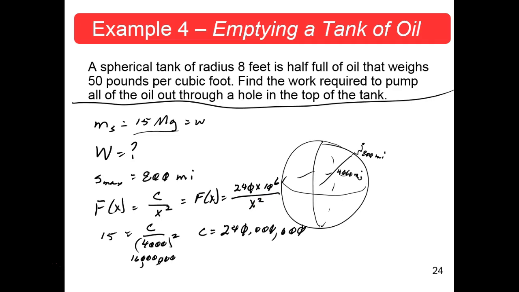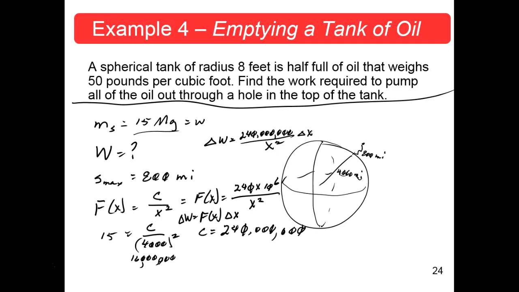Now, your increment of work, that is your force, variable force, times the increment of distance. So then your delta W would be 240 million times, let's put it over x squared, times your delta x, incremental thickness there.